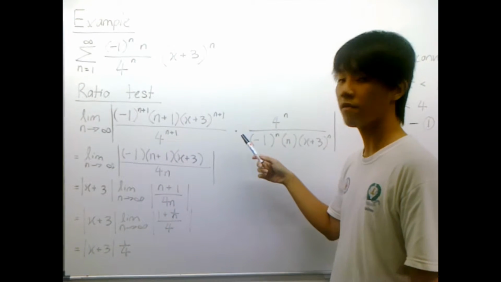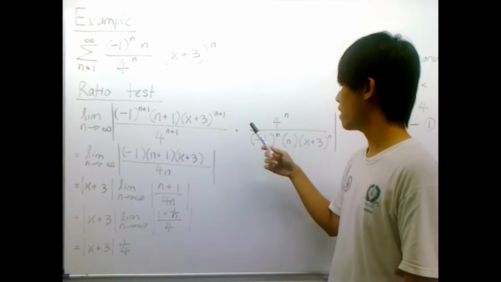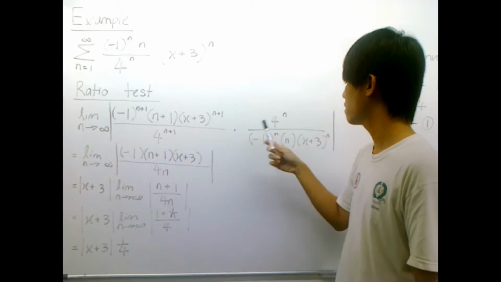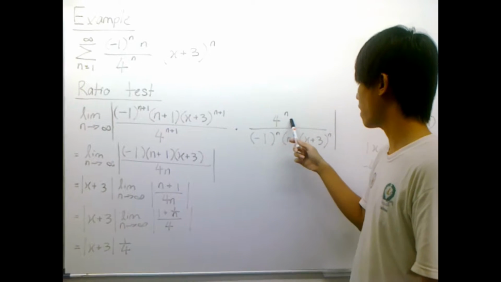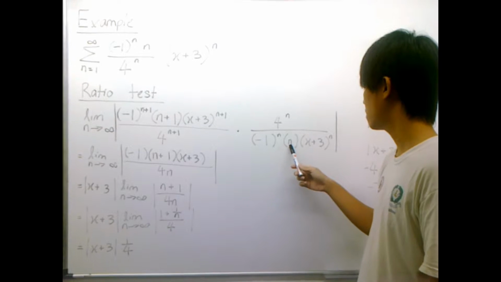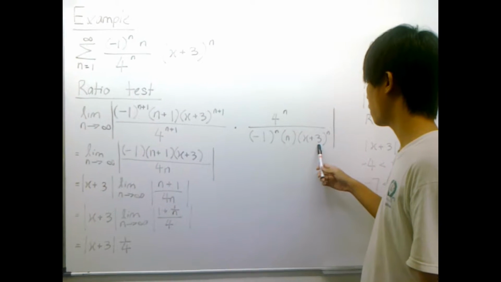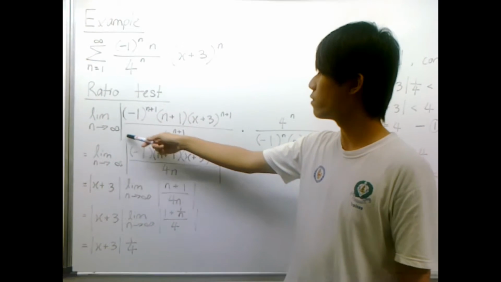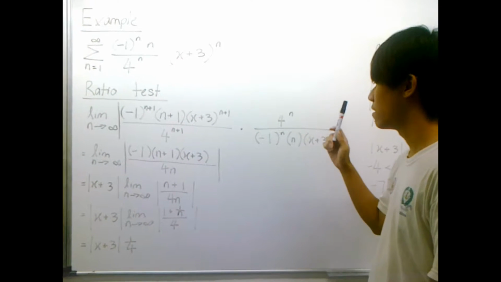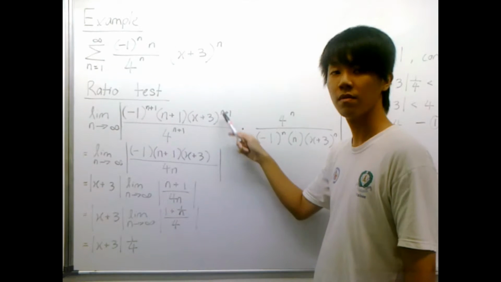And instead of dividing by a_n, I'm multiplying by 1 over a_n, which is 4 to the power of n over (negative 1) to the power of n times n times (x plus 3) to the power of n. And we're including a modulus here so that we can find the interval for x.